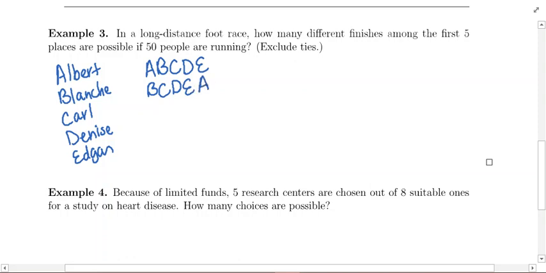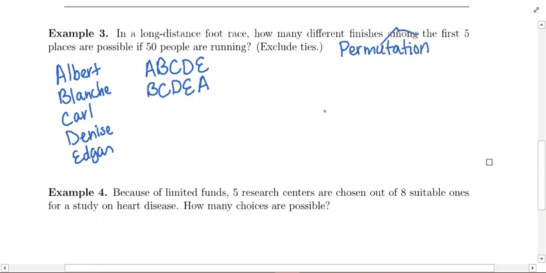That's going to give you a different finish. So the order matters here. And there is no repetition. We can't repeat people; one particular person cannot finish both second and third. So this is going to be a permutation, because the order matters.